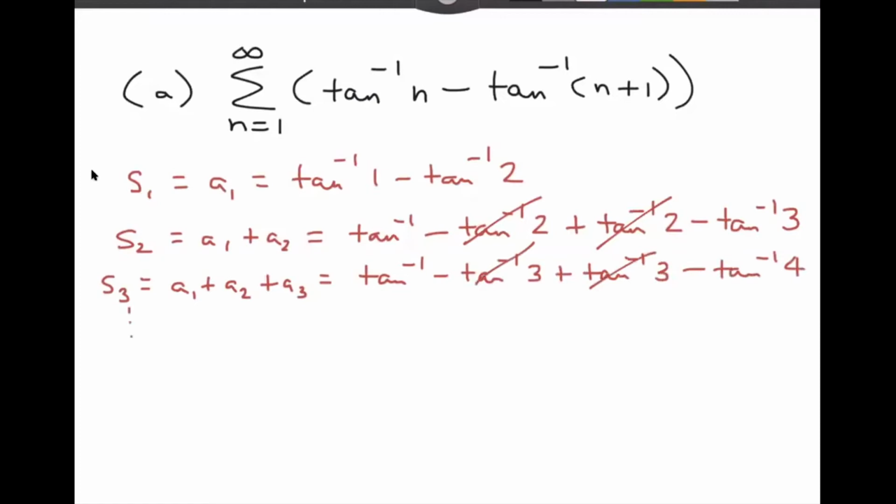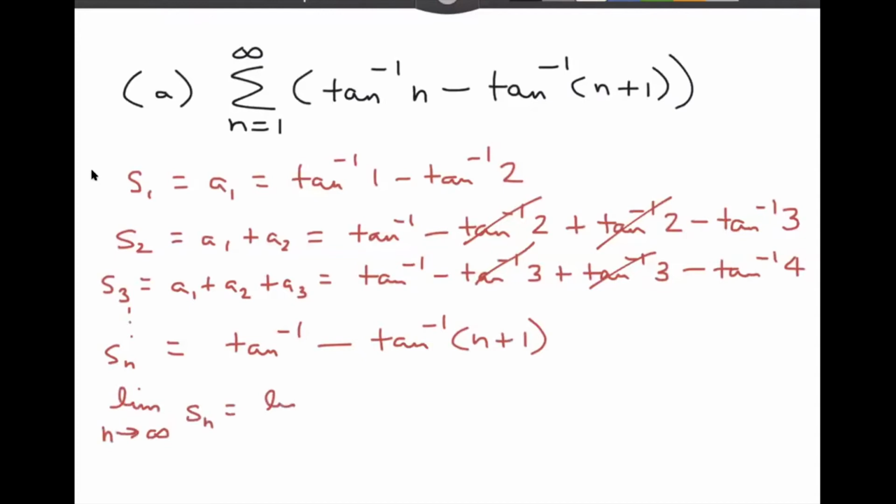The nth partial sum of this series would just be inverse tangent 1 minus the inverse tangent of n plus 1. All right, so if we look at the limit of that expression as n increases without bound, you get inverse tangent 1 minus the inverse tangent of n plus 1.